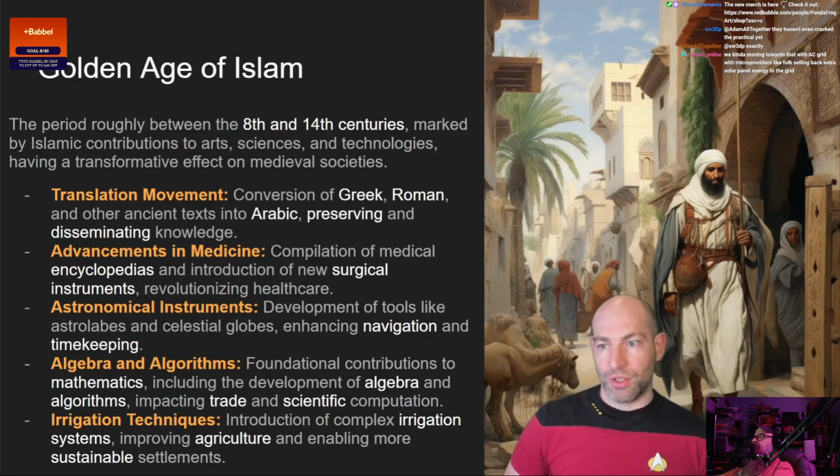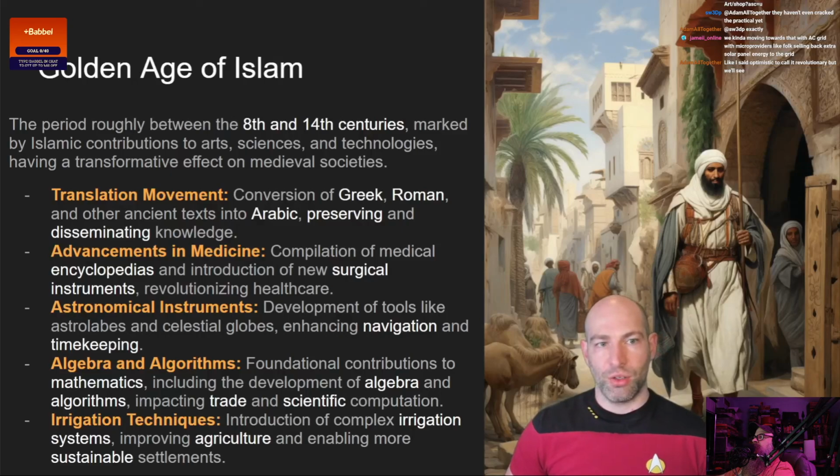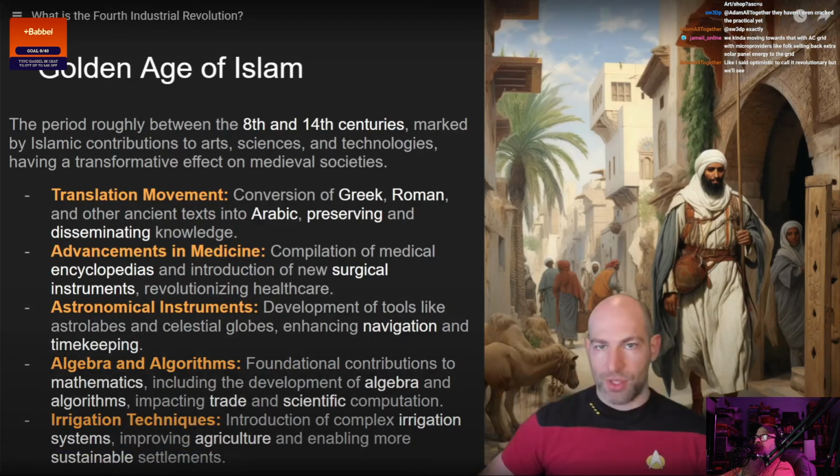They are actually the ones that preserved all the Greek and Roman writing for us today. But even bigger was their impact to mathematics. So algebra literally is an Arabic word. The geometry and algebra that the Arabic scholars contributed in the Golden Age of Islam still underpins all of science and engineering today. So again, it's been one long continuous thread.